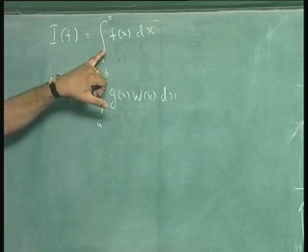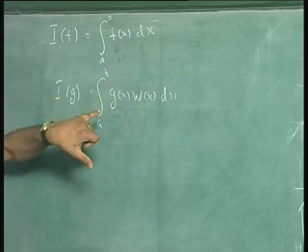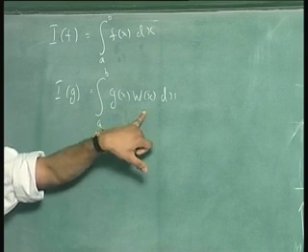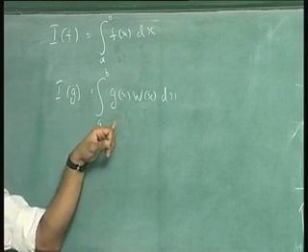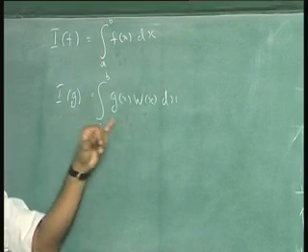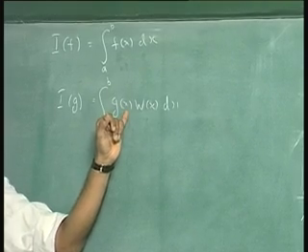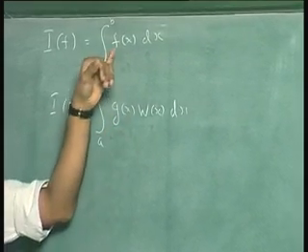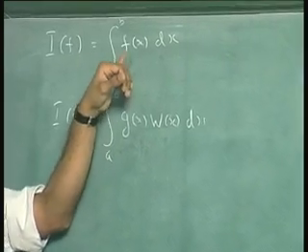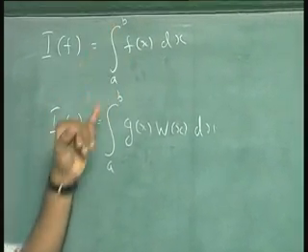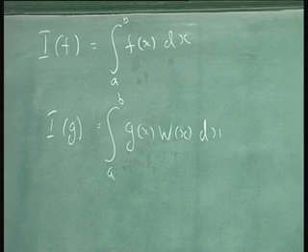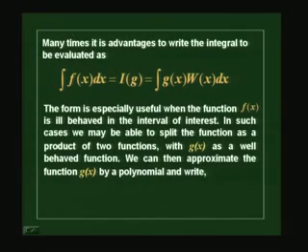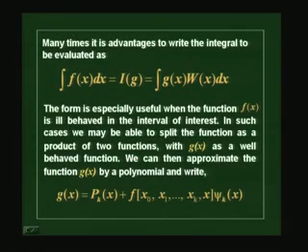We have split the function f into another function g and a w, and we now use a polynomial approximation, but not for the whole function f, only for g. As I said, that is particularly useful when the function f of x is not well behaved in the interval but the integral is a finite integral. So then we can use that and write the polynomial in this fashion as before. That's the first step.